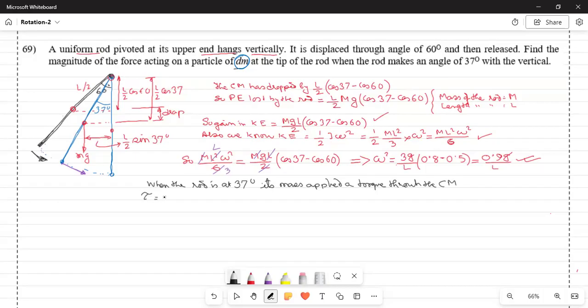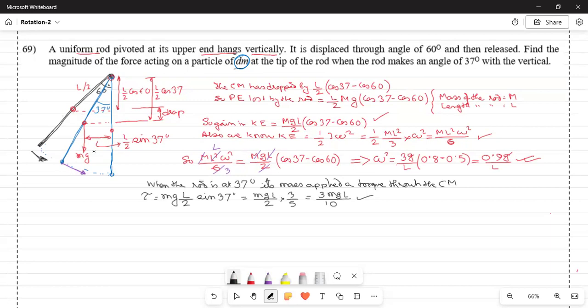The force is mg, and perpendicular distance is L by 2 sine 37 degree. It is equal to mg L by 2, and sine 37 is 3 by 5. This is equal to 3 mgL divided by 10. So this is the torque applied.